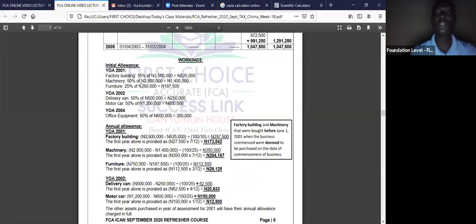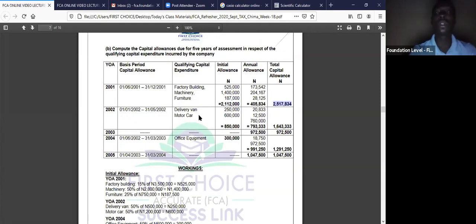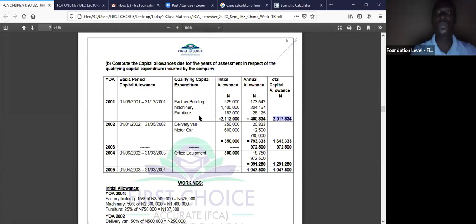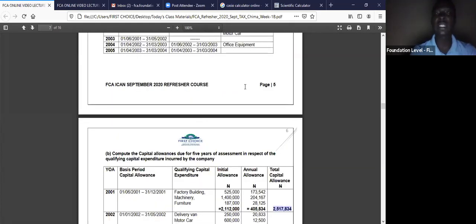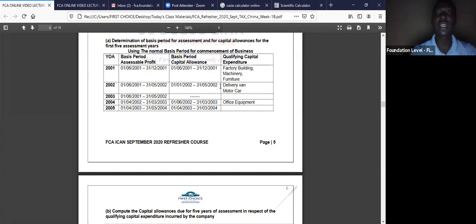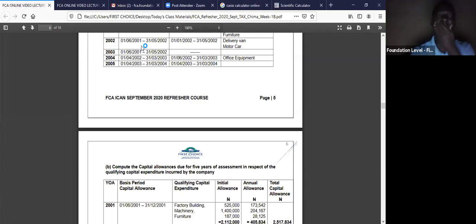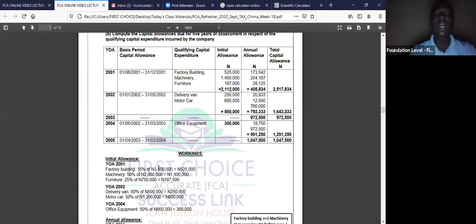In 2002, we are told that we bought an asset, delivery van and motor car. Assets that were bought in 2002.